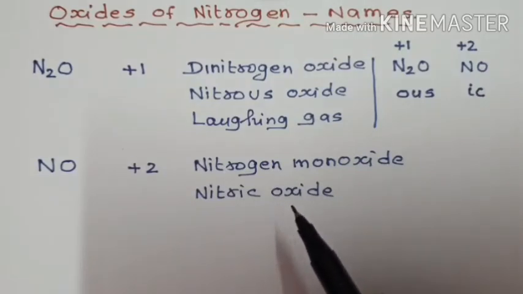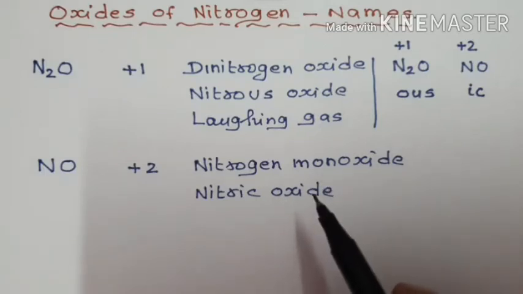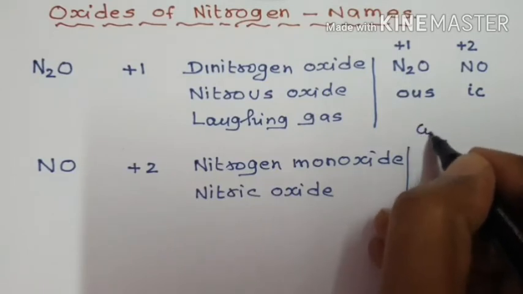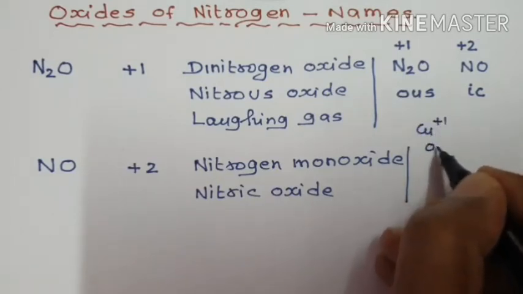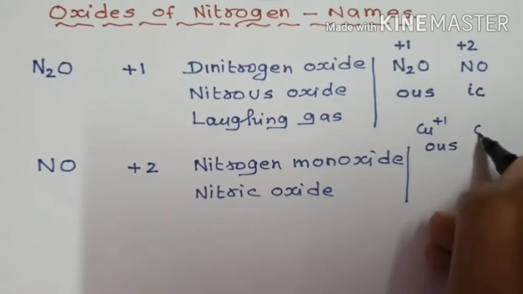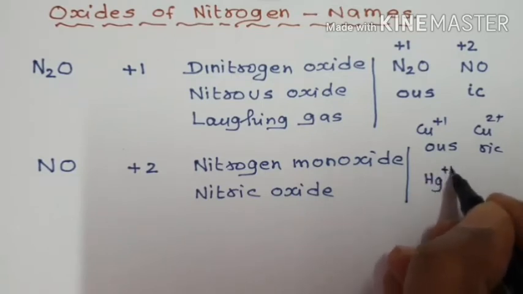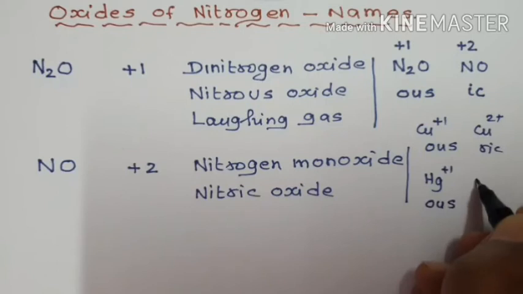Like that we have copper 1+ called cuprous, and copper 2+ called cupric. Mercury 1+ is called mercurous, and mercury 2+ is called mercuric.